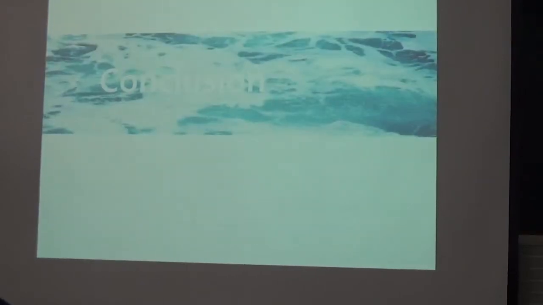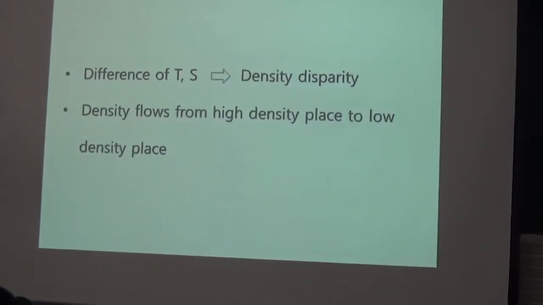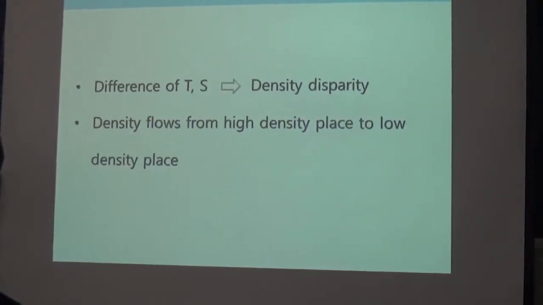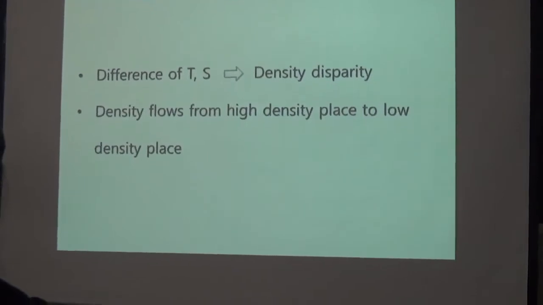Then what is the conclusion of this experiment about density flow of the ocean? The answer is that because of density difference due to the difference of salinity and temperature, density flows from high density place to low density place.